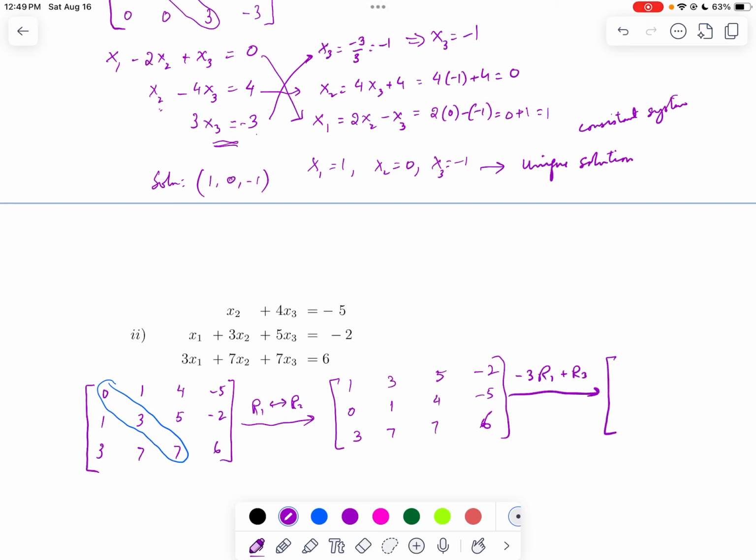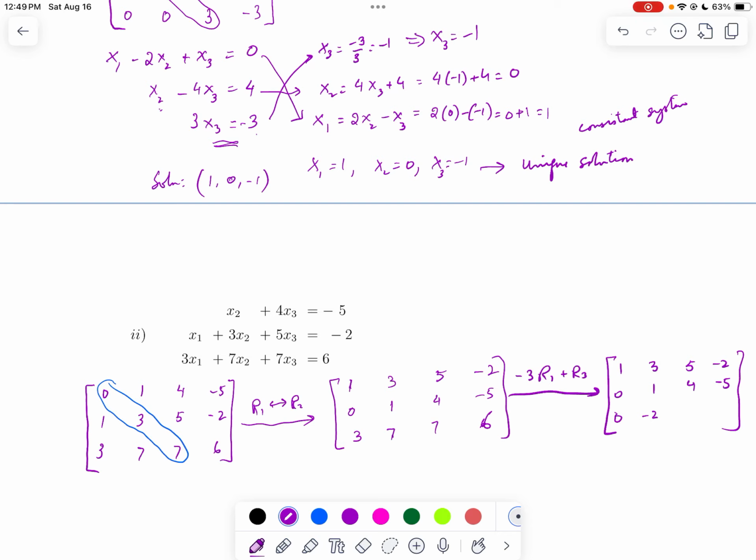So what is going to change? The third row is going to change. The first and second will stay the same. So what will the third row become? Well, think about it. I am multiplying the first row by -3. So -3 plus 3 is 0. Then 3 in the first row multiplied by -3 gives -9, plus 7, -2.